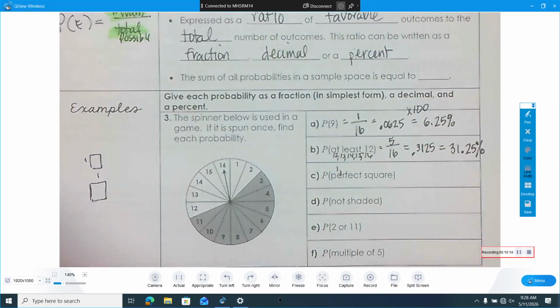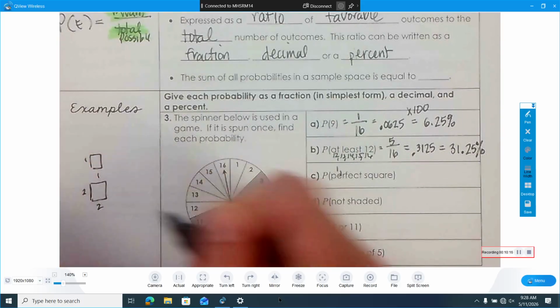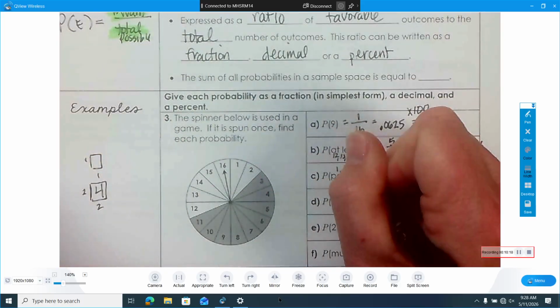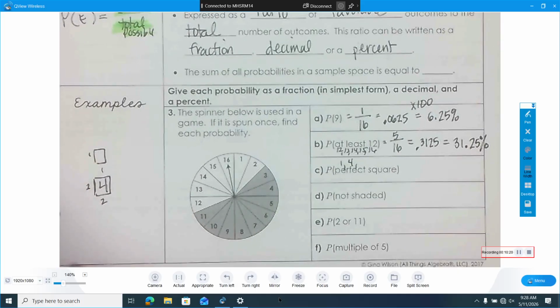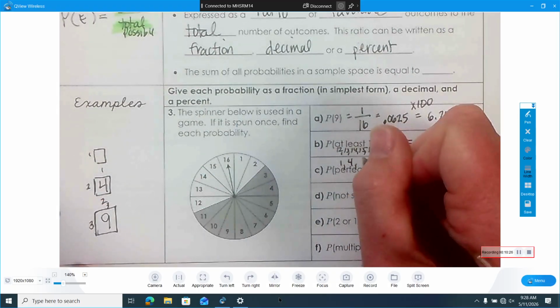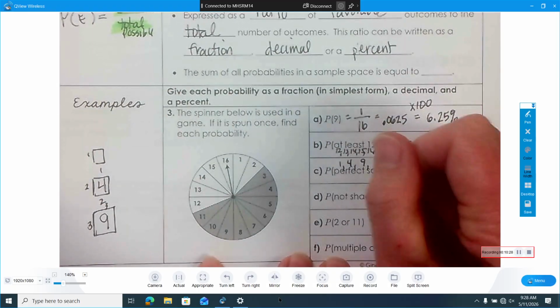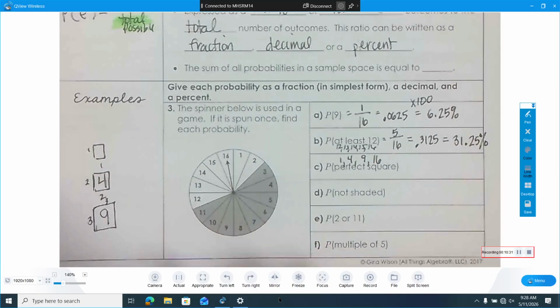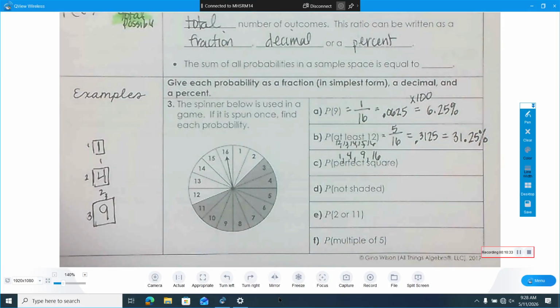Here is a square of side length 2, which is a perfect square of 4. What's another perfect square? 9. Very good. We get a side length of 3. So that gives us a perfect square of 9. And what's another perfect square? 16. Very good. So these are the perfect squares.